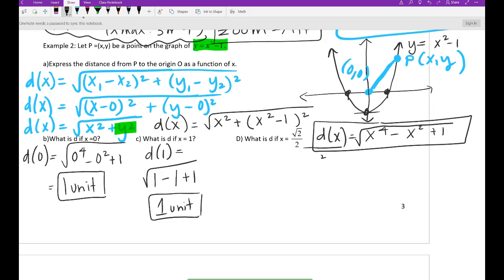So leave it as an exact answer. So don't make a guess answer.